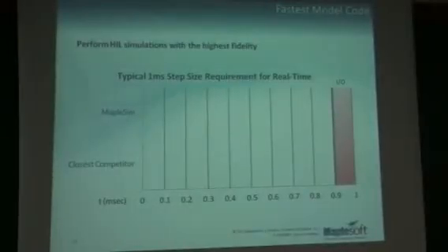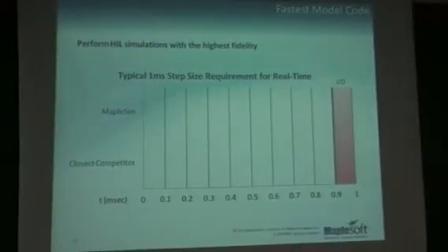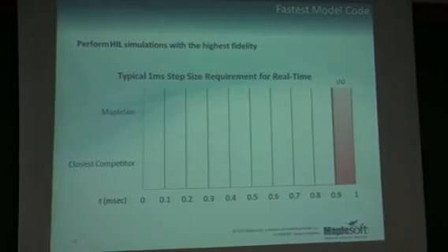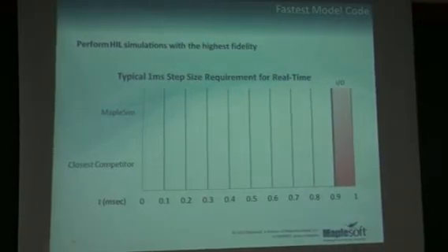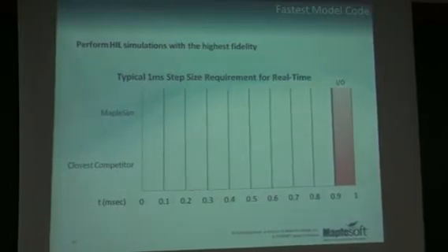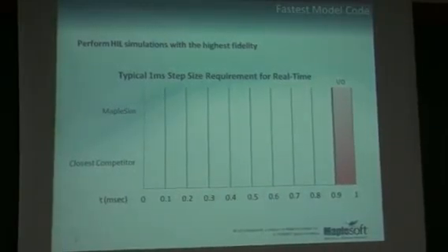One is if you're running a simulation, typically the simulation has to work at a fixed step. So that gives you a hard stop. This thing must work within 1 millisecond, 1,000 times a second.